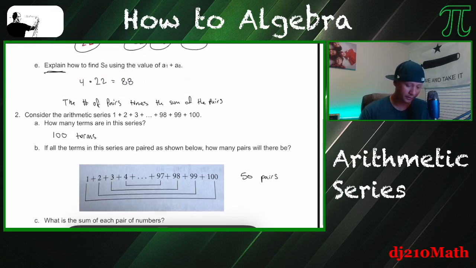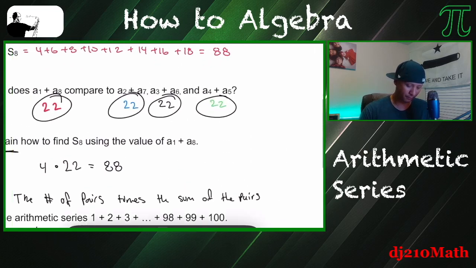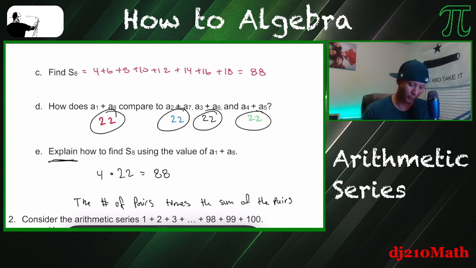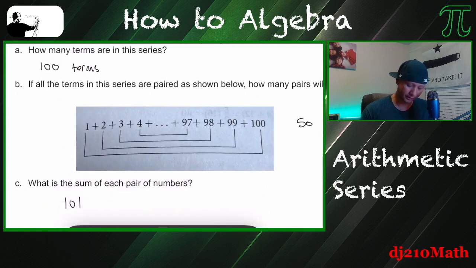Going back to the previous problem, we took the number of pairs, 4, times the sum of each pair, 22.